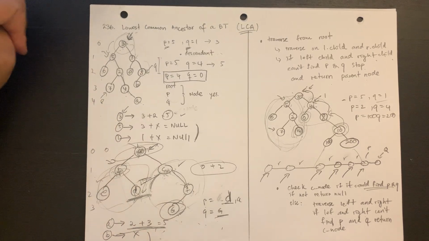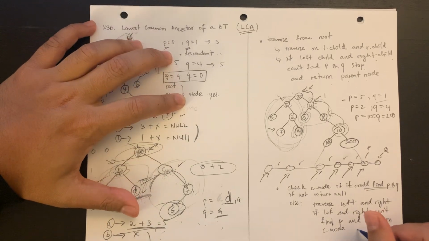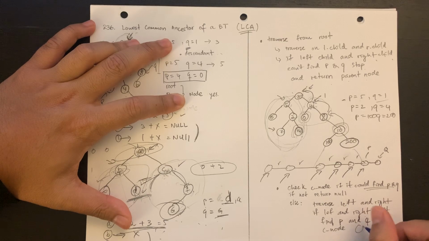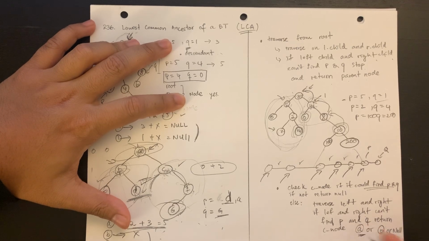If one of them can find, I think in Python it's allowed to do something like OR. So if we can do A or B, and OR null, so return A.